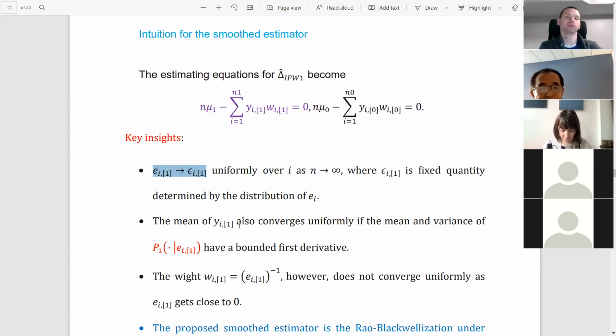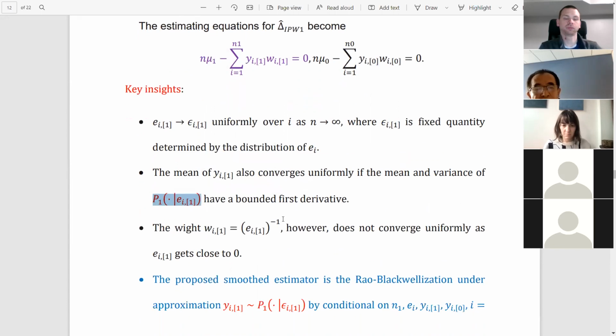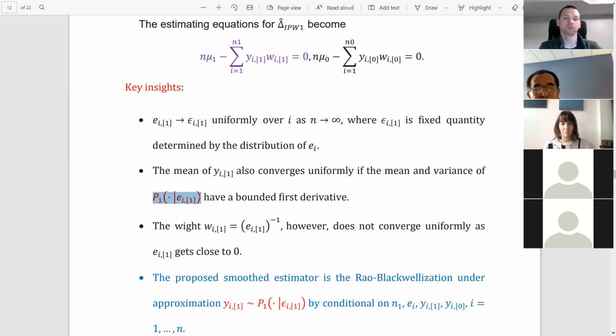Now we look at the outcome variable. This y_i1 is drawn from a distribution, the outcome distribution conditional on the propensity score.